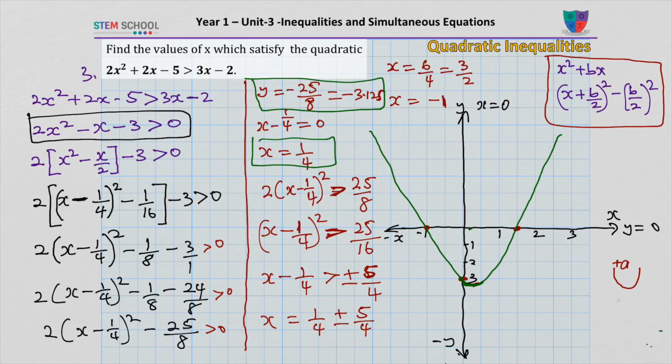The curve we're looking at is where the function is greater than 0. It's greater than 0 from the roots, so it's an open circle. You can see an open circle there, and that means this is a positive value of y here, and that's a positive value of y.